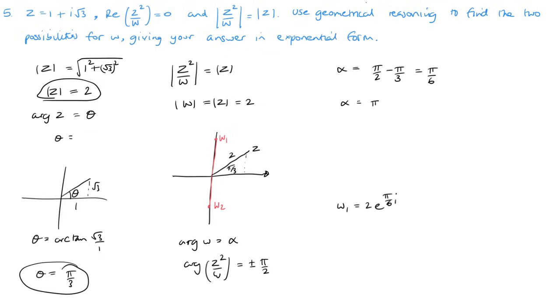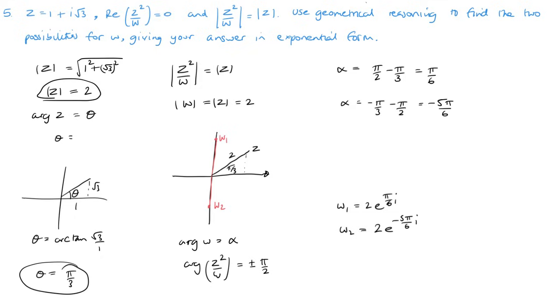So alpha is pi by 2 plus pi by 3, and that is 5 pi by 6. But actually it's not adding them, sorry, because we're going in the negative direction. So it's minus pi by 3 minus pi by 2. So it's minus 5 pi by 6. So W2 is 2e to the minus 5 pi by 6i.